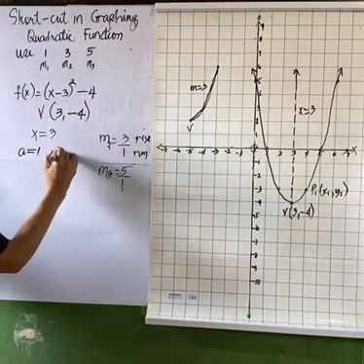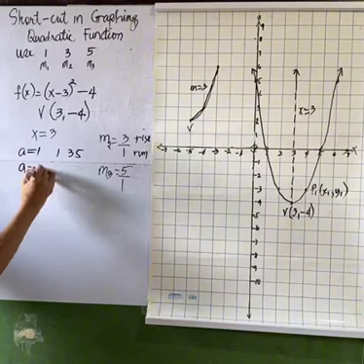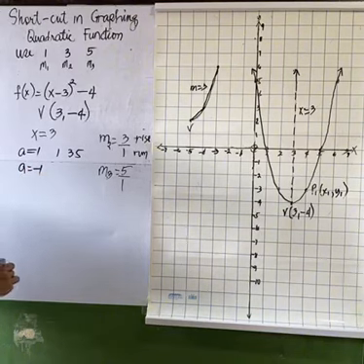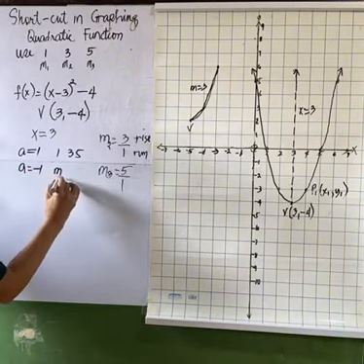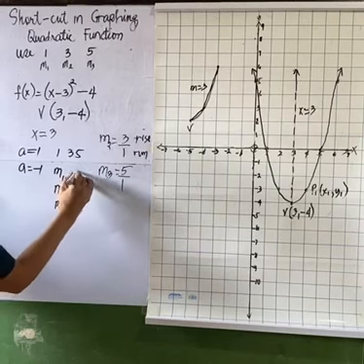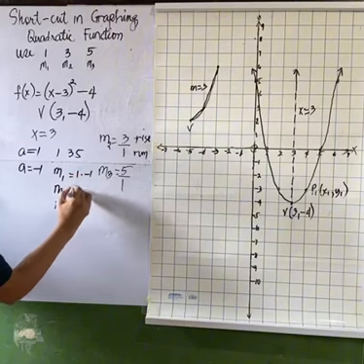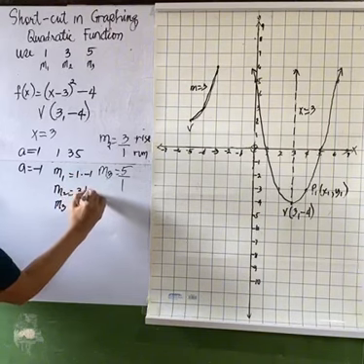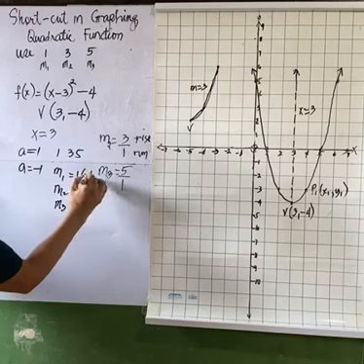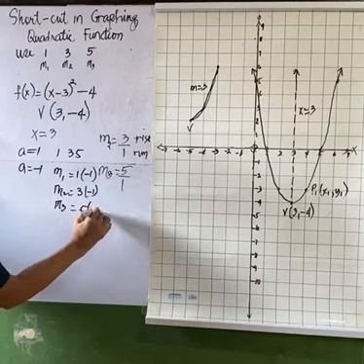If A is negative 1, our M will be 1 times negative 1, 3 times negative 1, 5 times negative 1.